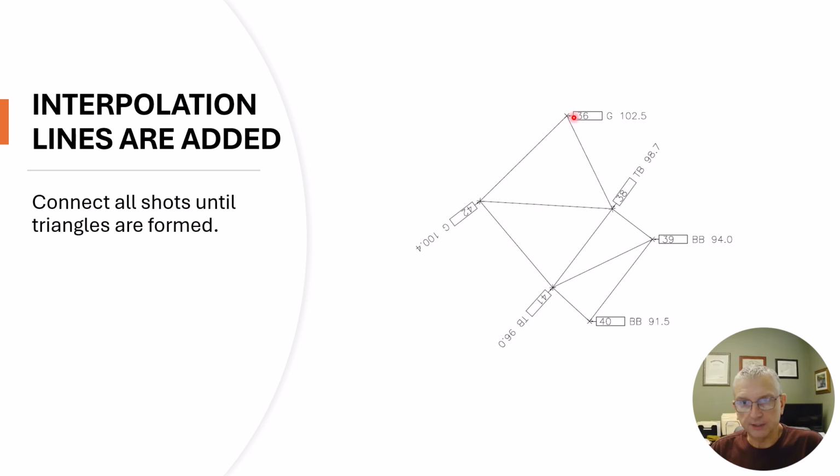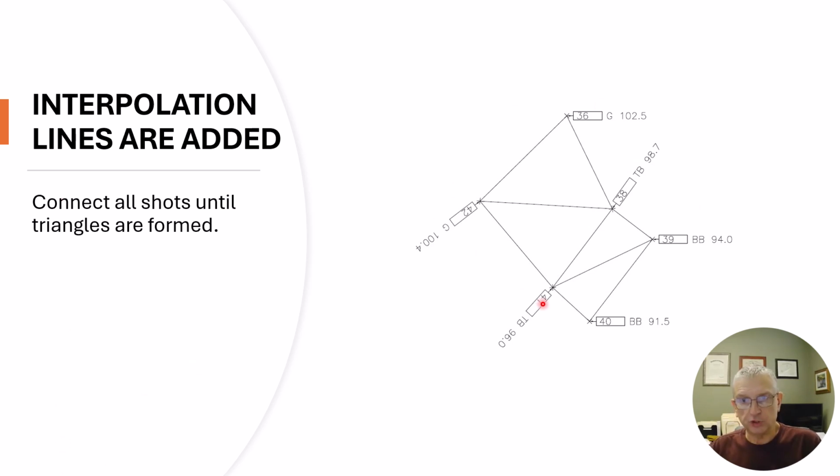And then within this box of 36, 38, 41, 42, 36, we don't have a triangle, and we need to form a triangle that's reasonable, and we want to use the shortest distance. So we've connected 38 and 42. 36 to 41 is longer. And you can tell that by scaling or by computing if you have things in your software.